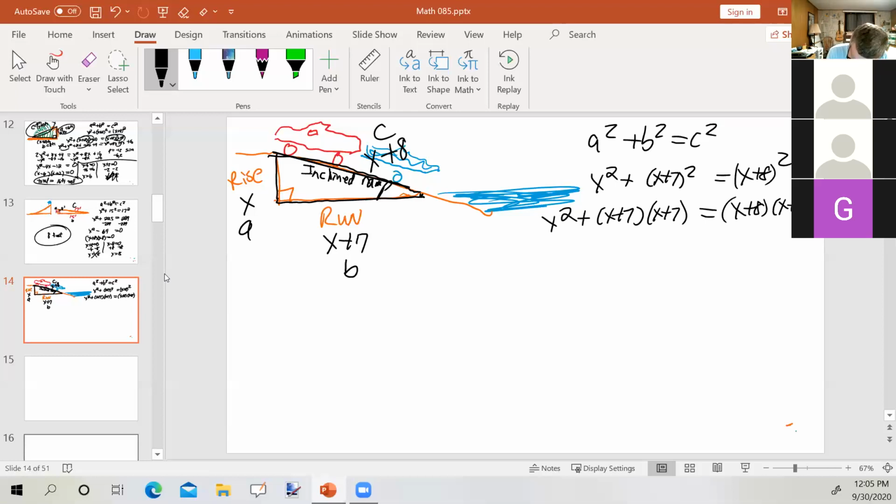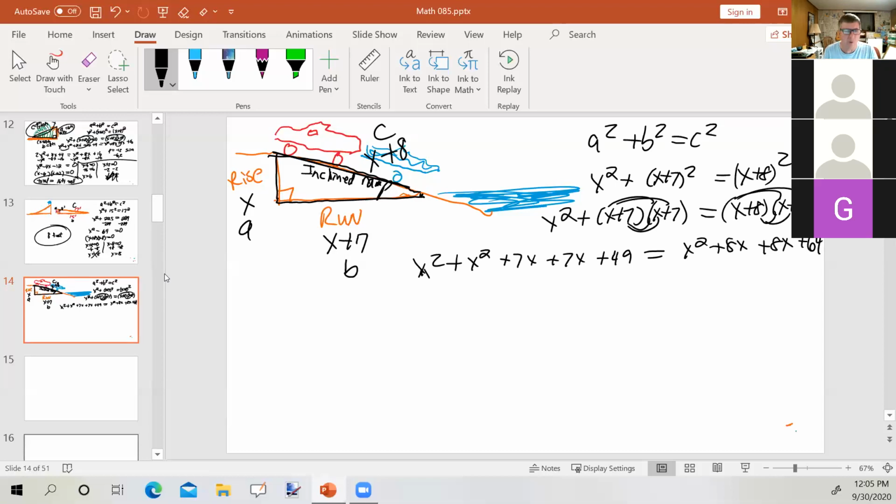Foiling everything together, I get x squared plus x squared plus 7x plus 7x plus 49 equals x squared plus 8x plus 8x plus 64. Any questions?